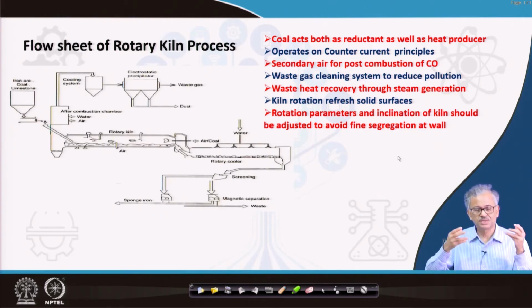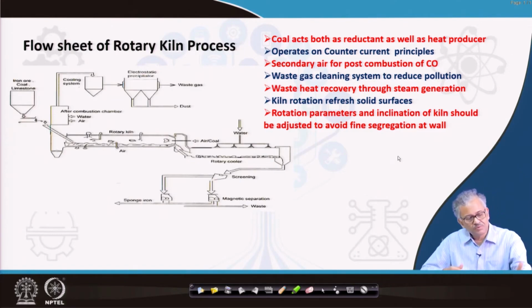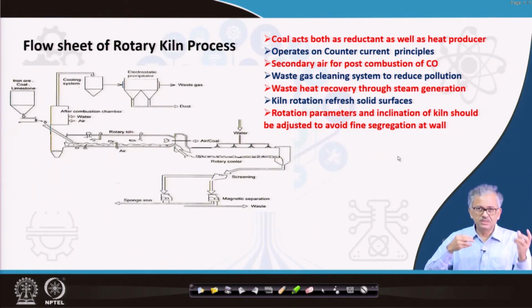So kiln rotation refreshes the solid surface for efficient heat transfer into the solid, right. It is a very important point. The rotation parameter and inclination of the kiln should be adjusted to avoid the fine segregation to the wall, because you can see when you are charging the raw material, the sizes are not uniform. There is a distribution of size. Besides, when this burden is physically moving through the kiln, they also generate fines, okay. So initially also there will be size distribution, so fines and coarse both are there, and during the transport or during the movement of the solid burden also some fines are generated.